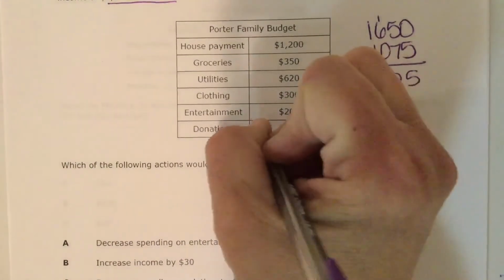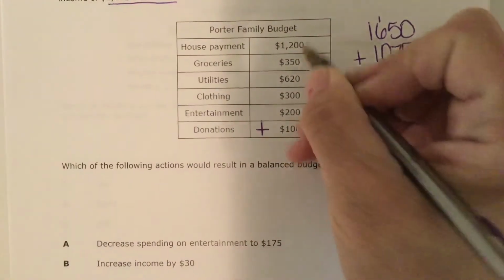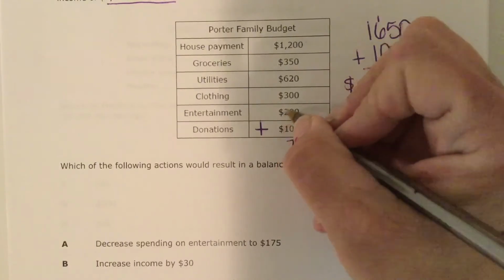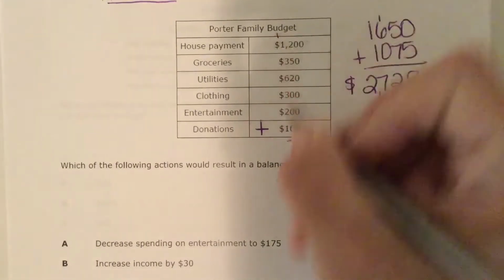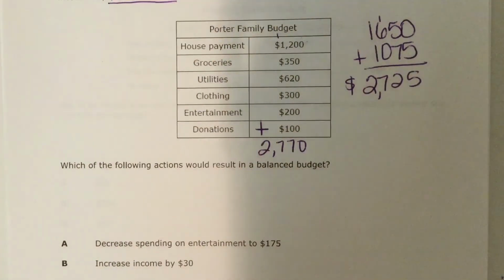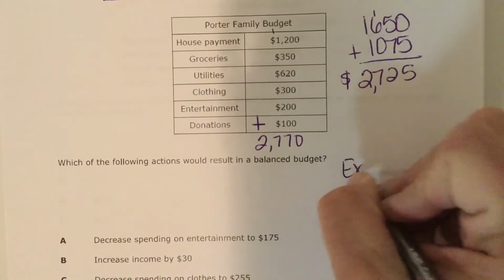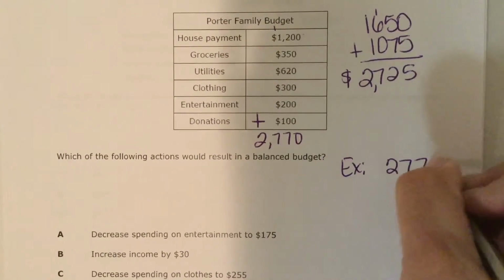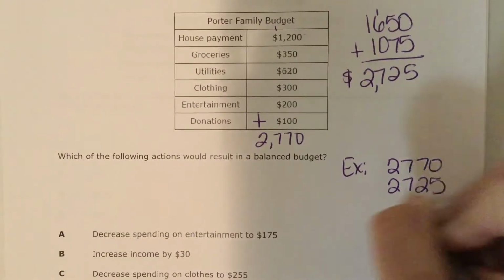All right, so if you added all of this, 5, 6, 7, 1, 2, 3, 17. All right, so they're spending $2,770. So their expenses are greater than their income. So $2,770. The income is $2,725.